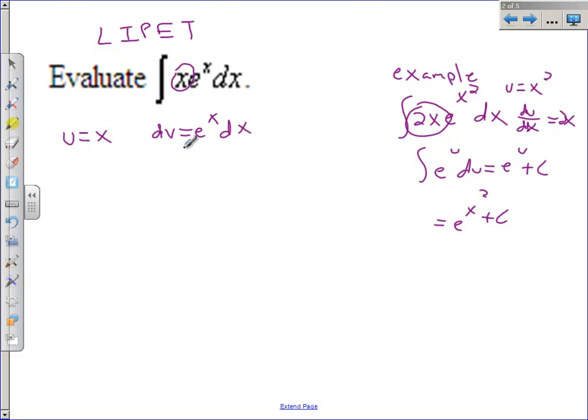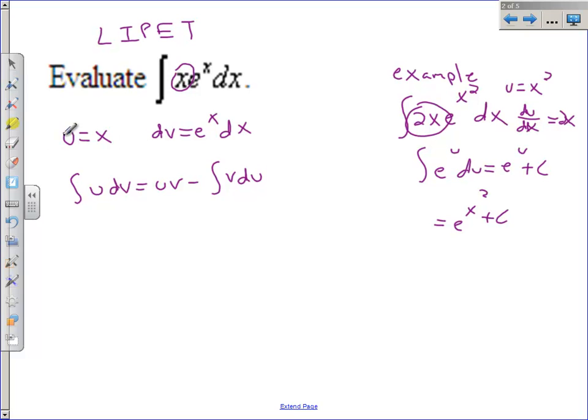Alright, now here is our formula. The integral of u dv equals uv minus the integral of v du. To use this formula, I need to find u. Hey, I've got u. I need to find v. I do not have v, but the way I'm going to get v is I'm going to integrate dv. I also don't have my du, but I can get that pretty easily by taking the derivative.